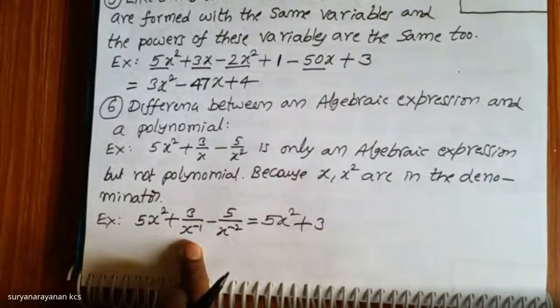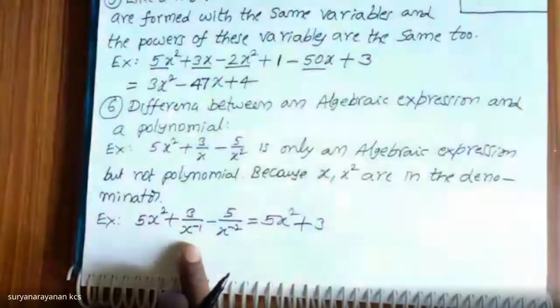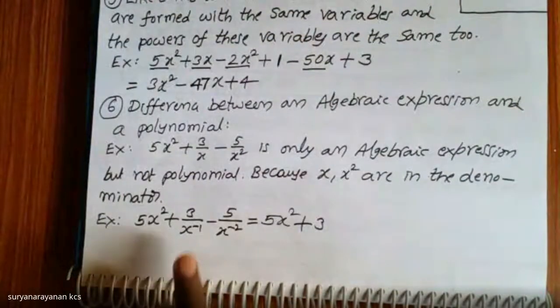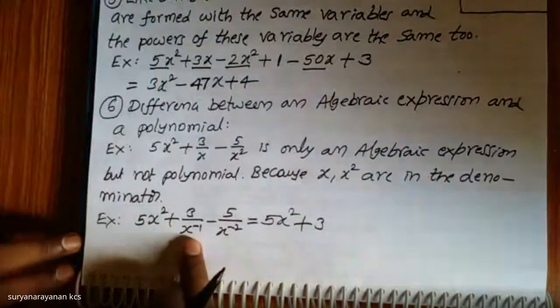How do you write it? What will you get? Tell me, 1 by x power minus 1. Sir, x power 1, sir. X power minus 1, I am asking.